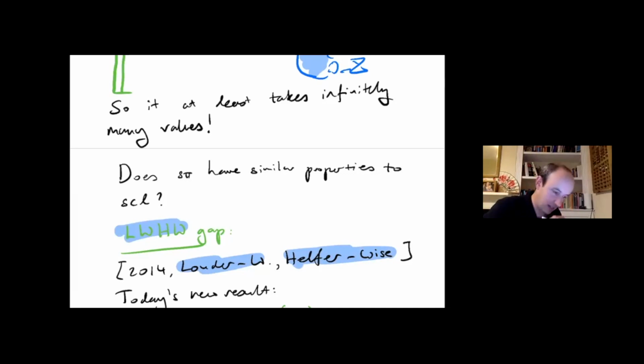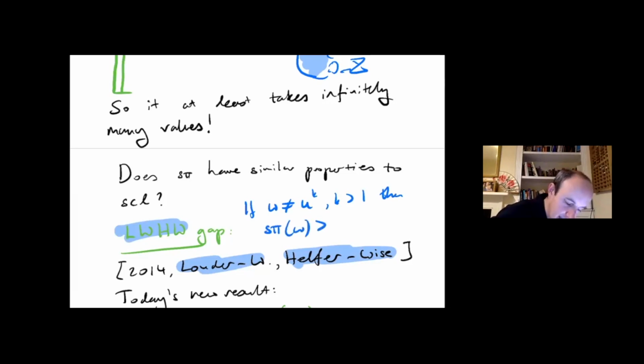And this says that if W is not a proper power, so if it's not equal to U to the K for some K bigger than 1, then S pi of W is bigger than or equal to 1. So that's very much an analog of the Duncan-Howie gap that we had for stable commutator length that I mentioned a while ago.